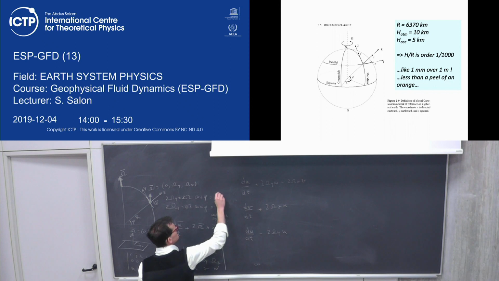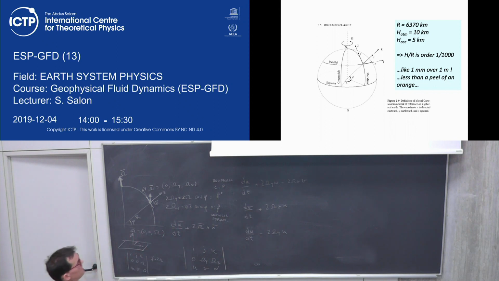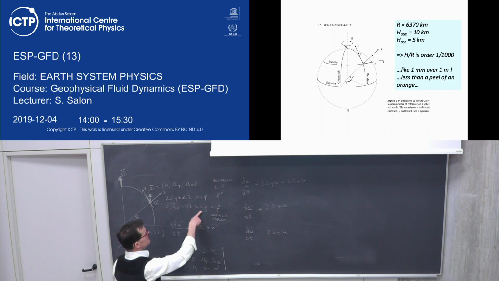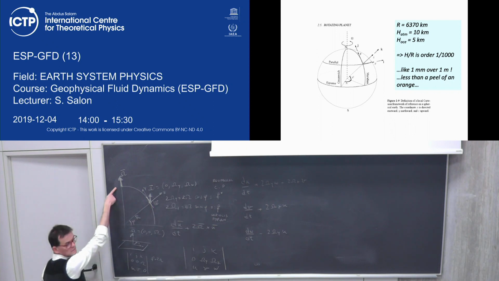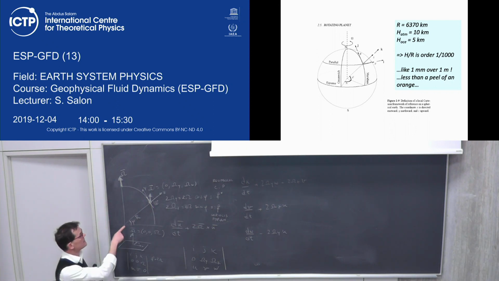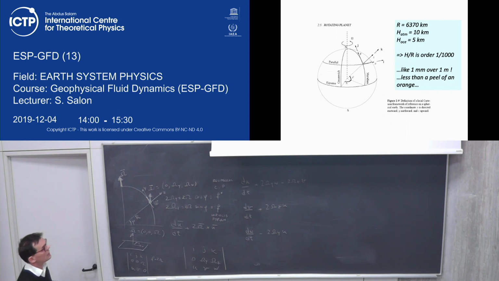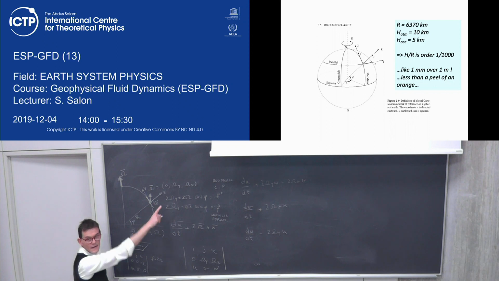While this one, we call f star, which is also called the reciprocal Coriolis parameter. So the Coriolis parameter changes as the sine of the latitude. It will be maximum at the pole, where phi is 90, and 0 at the equator. Okay? So at 45 degrees, they are the same.